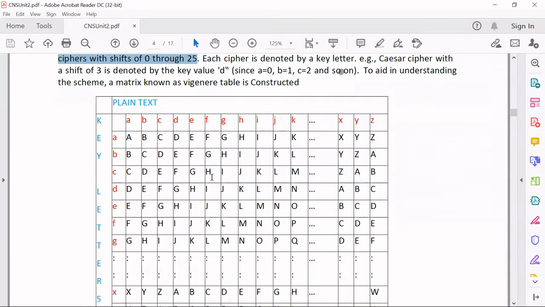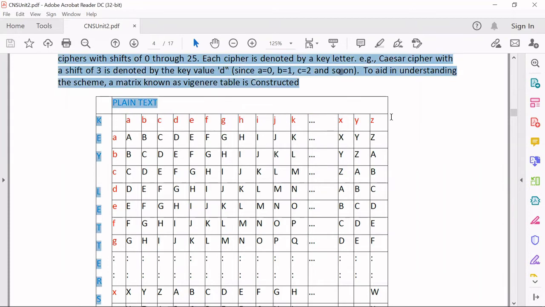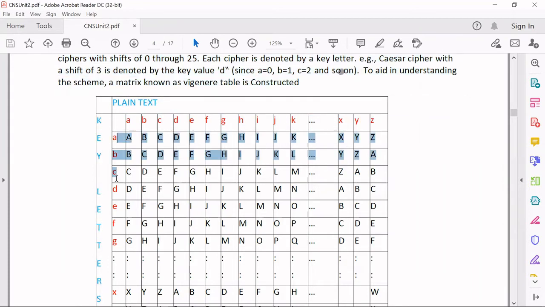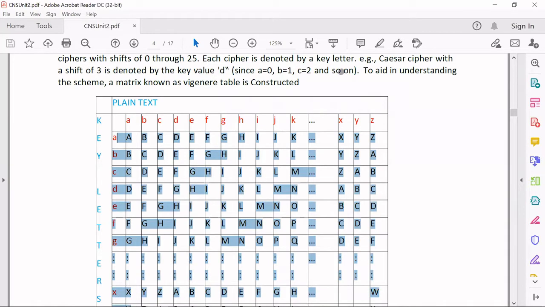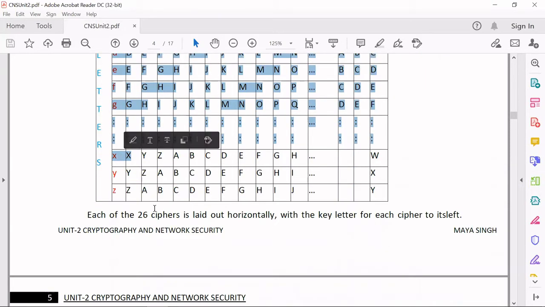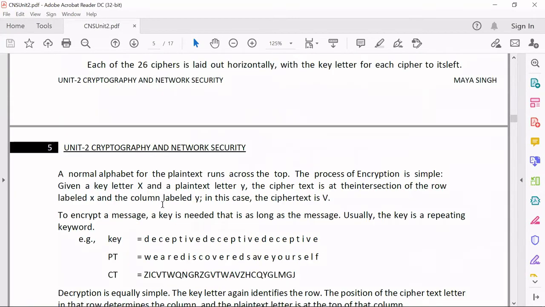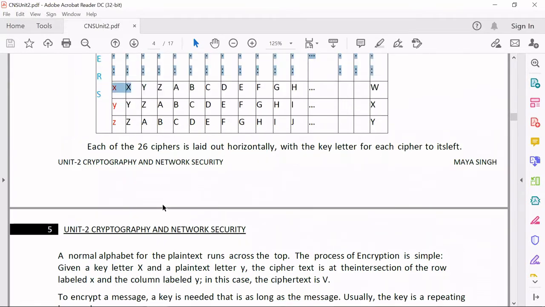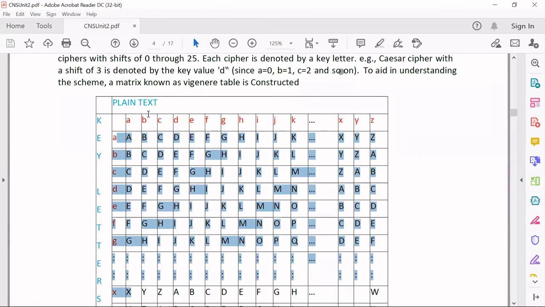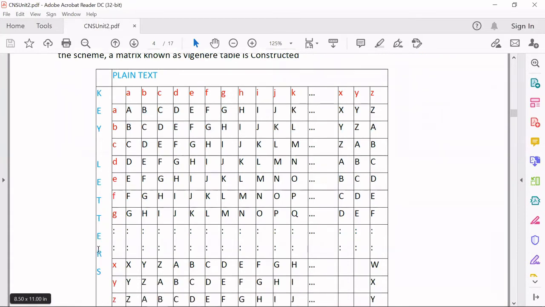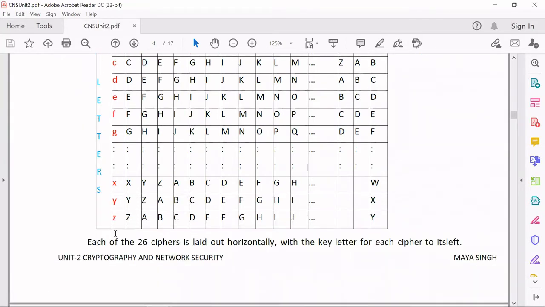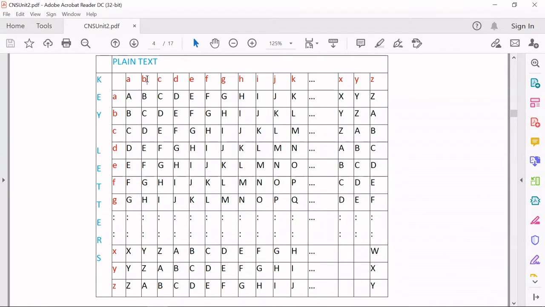So here you will have a table of letters from A to Z, row wise as well as column wise. Column wise you're checking with the plain text values, and row wise you're checking with the key letters. So what happens in this case? It says that for a given letter X in the plain text and a given letter Y as a key letter, the intersection of the plain text value and the row value is taken.